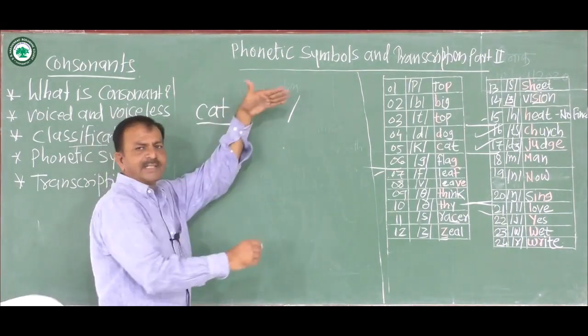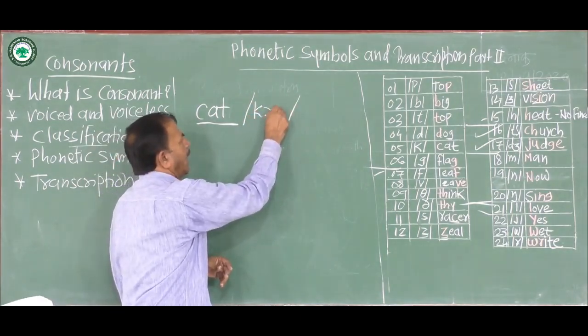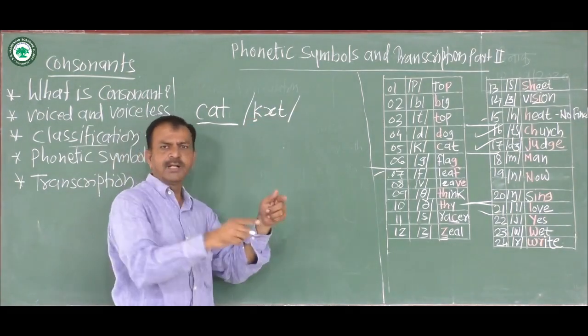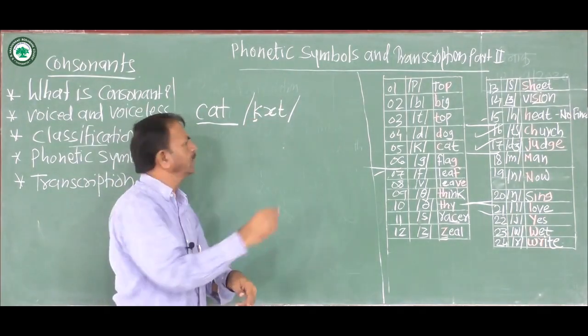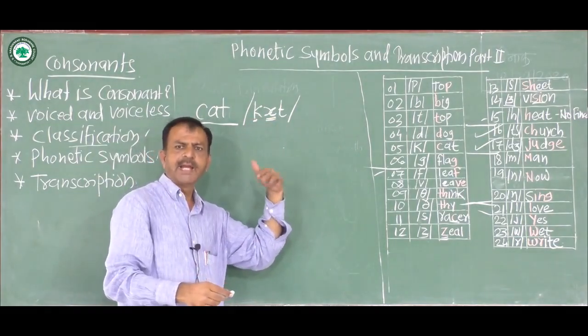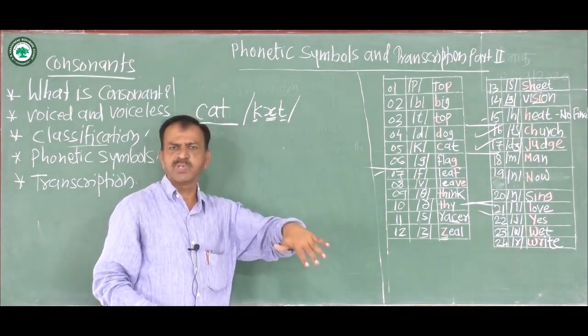So see the symbols here, K, A, and T. This K is a consonant. This A, as we saw in the last video, is a vowel. Again, T is a consonant.